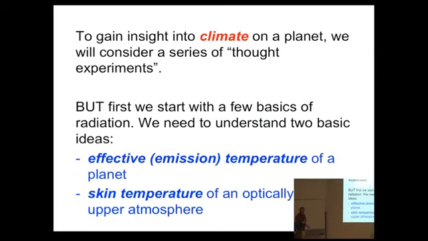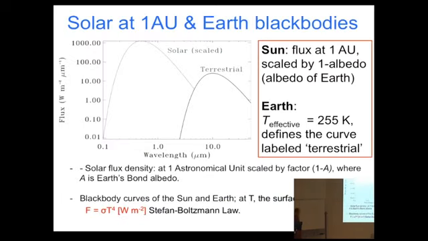We'll start with the basics. The emission temperature of a planet, and something which you may not have come across, the skin temperature of an optically thin upper atmosphere. I'm assuming everybody is familiar with black bodies for the sun and, say, for the Earth, with the emission of the Earth peaked at about 10 microns in the infrared.